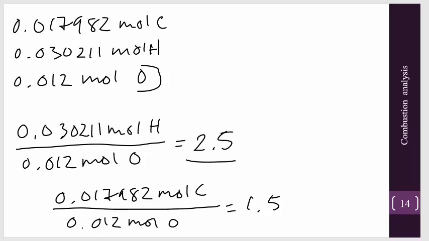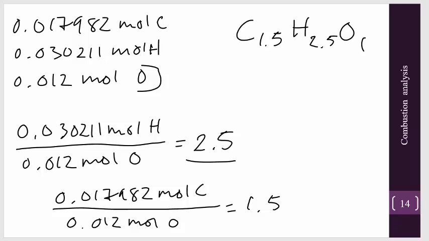Again, very, very close to 1.5. So for our empirical formula, oxygen was in the denominator, so it's going to be 1. Between carbon and oxygen, we've got 1.5. And between oxygen and hydrogen, we've got 2.5. So what we have now is something that's not a whole number ratio.